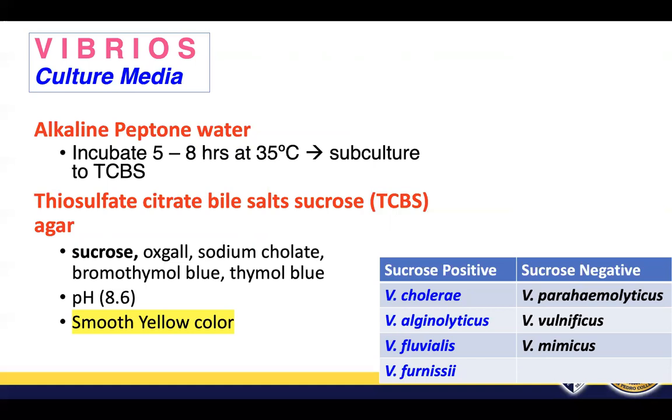It usually has a pH of about 8.4. So for initial isolation, we use enrichment broth, alkaline peptone water. We inoculate the organisms there, including the swab, inside the tube. We incubate it for 5 to 8 hours at 35 degrees Celsius, and then afterwards we can subculture it to TCBS.